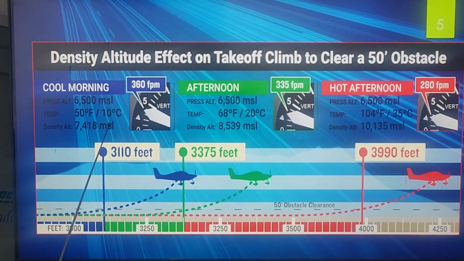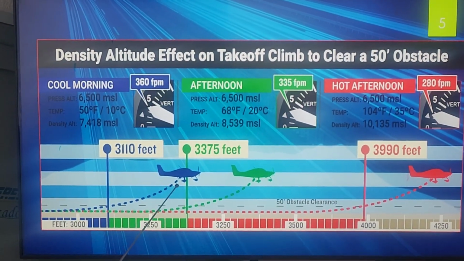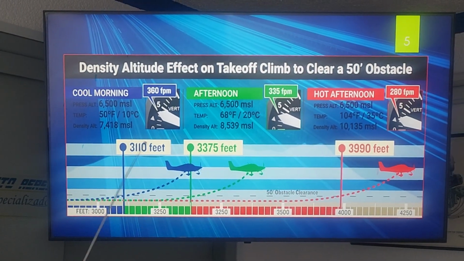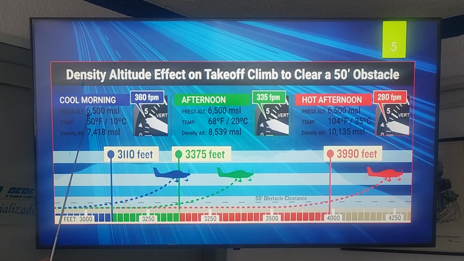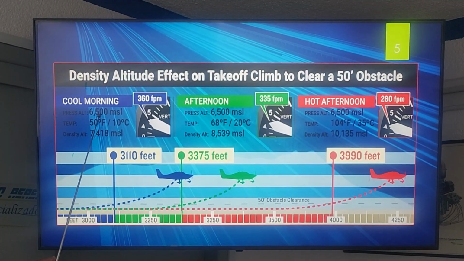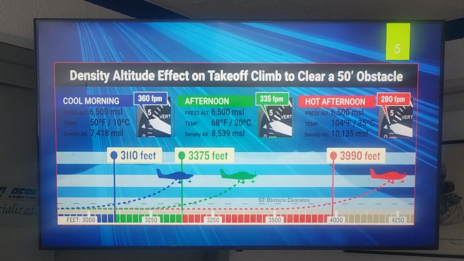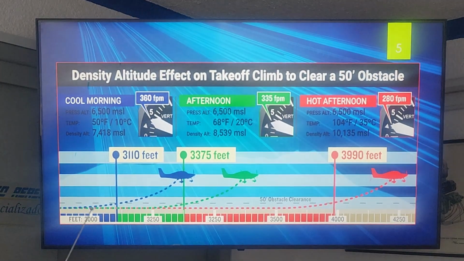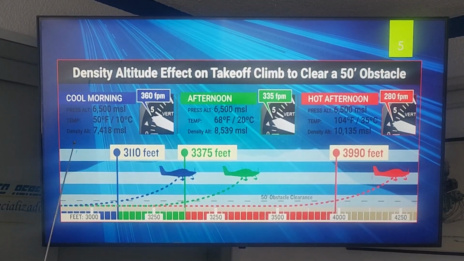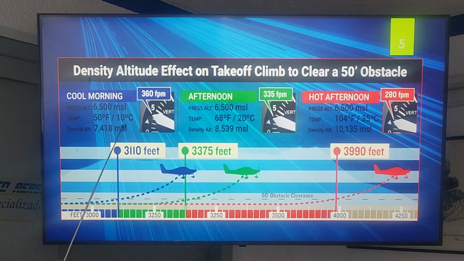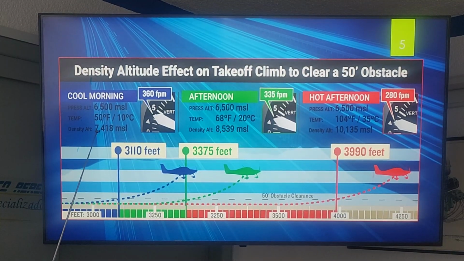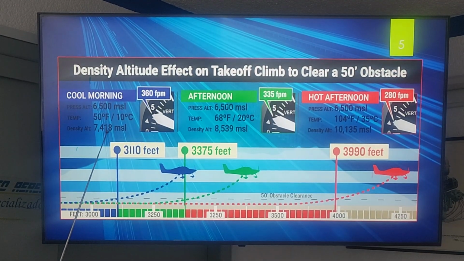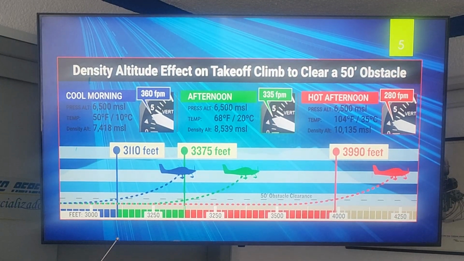With 10 degrees, this airplane, the blue airplane, is taking off with a pressure altitude of 6,500 feet above mean sea level. Under these circumstances, with this temperature, the density altitude is 7,418 feet above mean sea level.